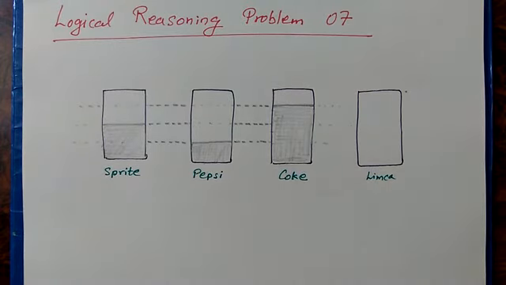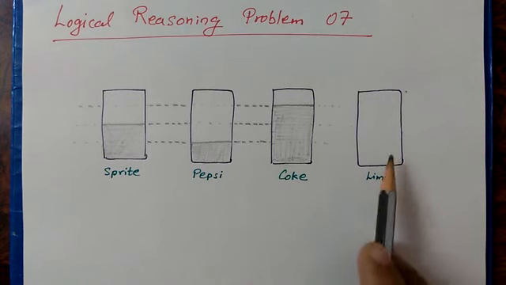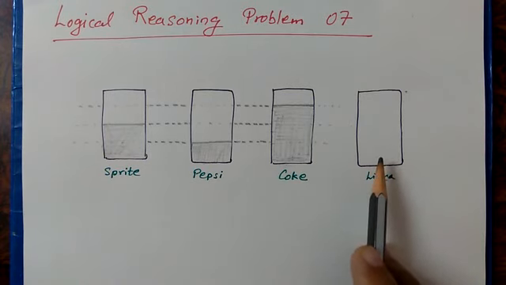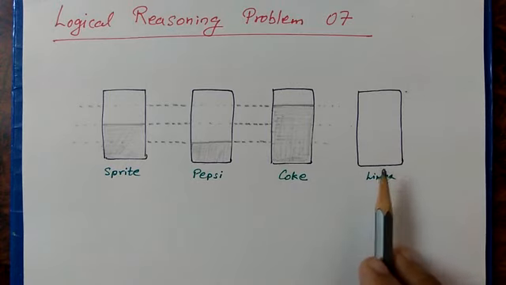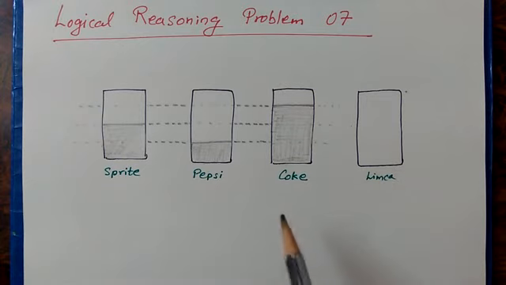Okay, let's move on. Our third condition is Limca is not in bottle R. So this bottle cannot be R according to the third condition. The fourth condition is the bottle containing 2.2 liter of soft drinks doesn't have Limca. So this bottle cannot have 2.2 liters of soft drink.